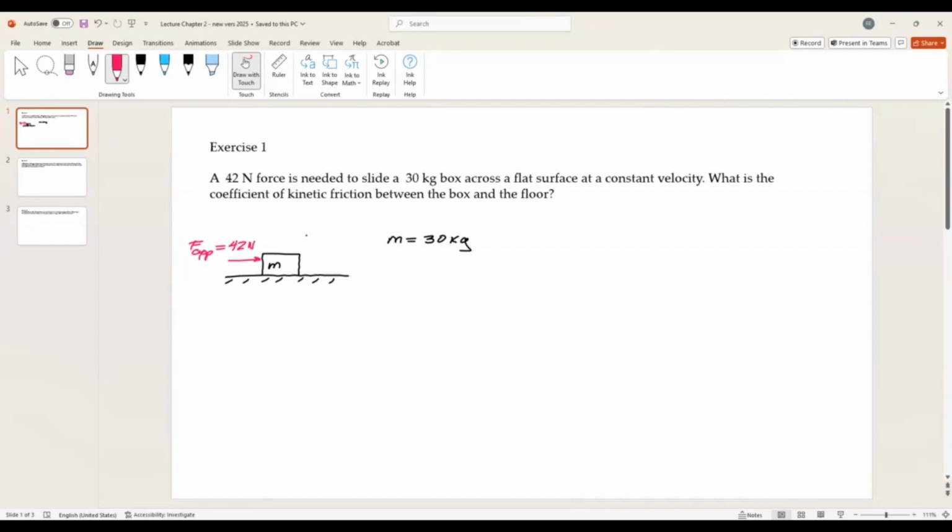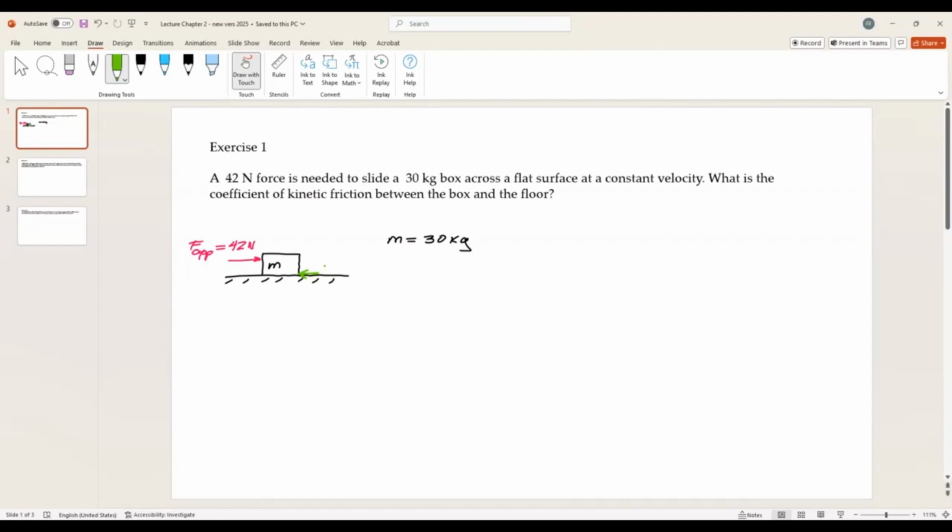And of course, there will be a force of friction that is going to oppose this force, right? And here we have the force of friction. In this case, as we want to move the box and the velocity will be constant, the net force needs to be zero.